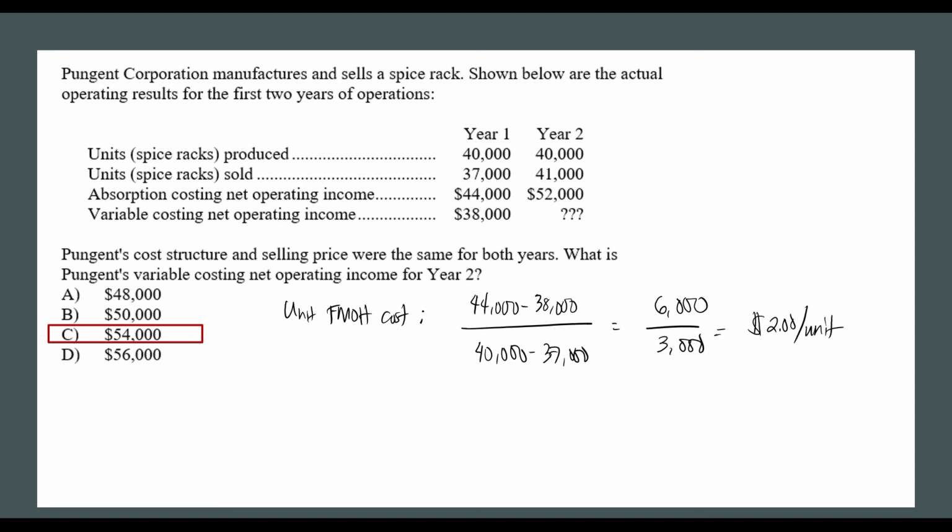So in here, we have your net operating income under absorption costing. How much? That is $52,000.